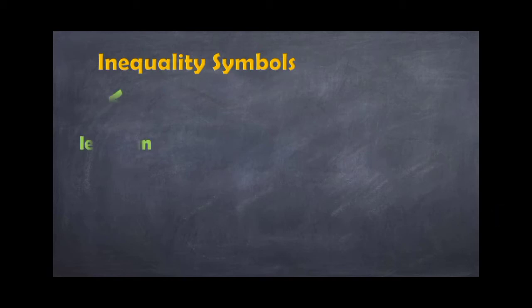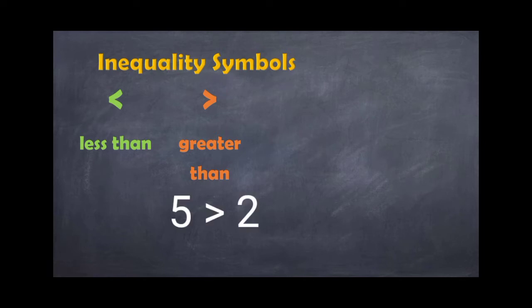Ang una ay ang less than symbol. So ito ay ginagamit kung ang number na nasa left ay mas mababa kesa sa nasa right. Next naman ay ang greater than symbol. So, ito naman ay ginagamit kung ang number na nasa left ay mas mataas kesa sa nasa right.